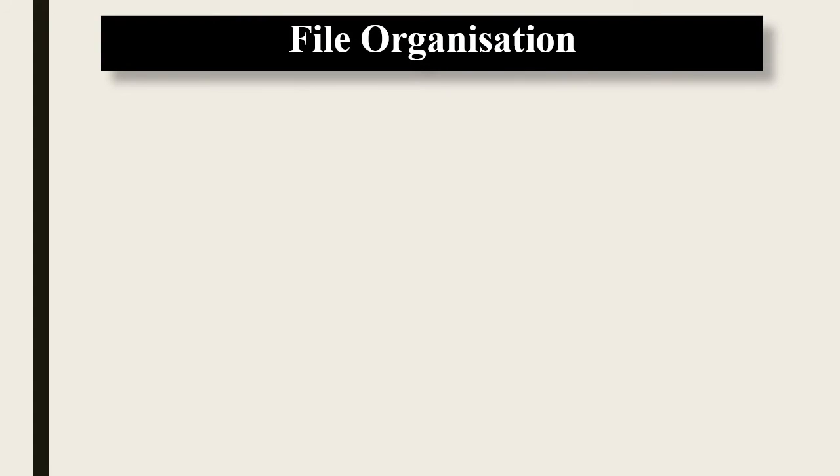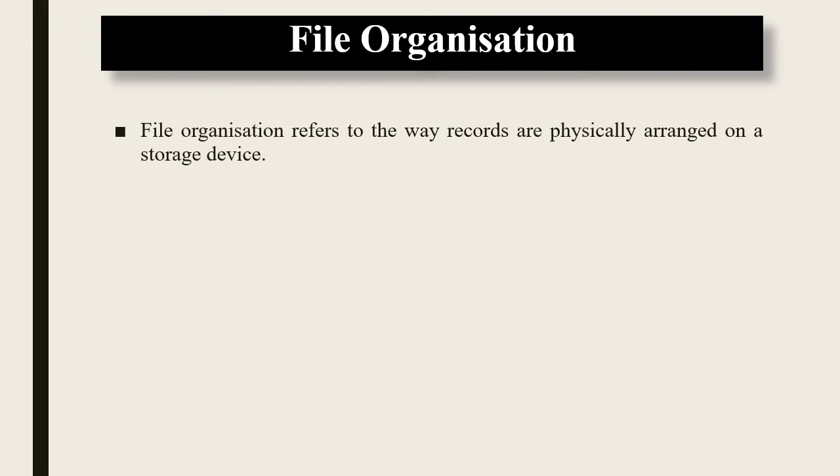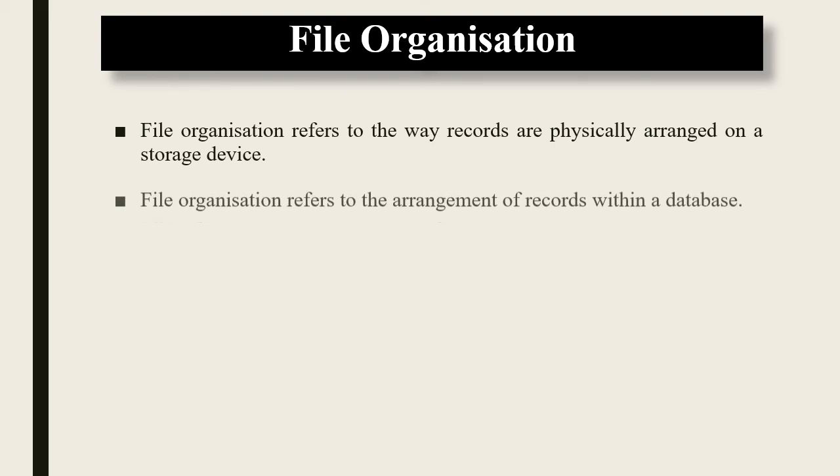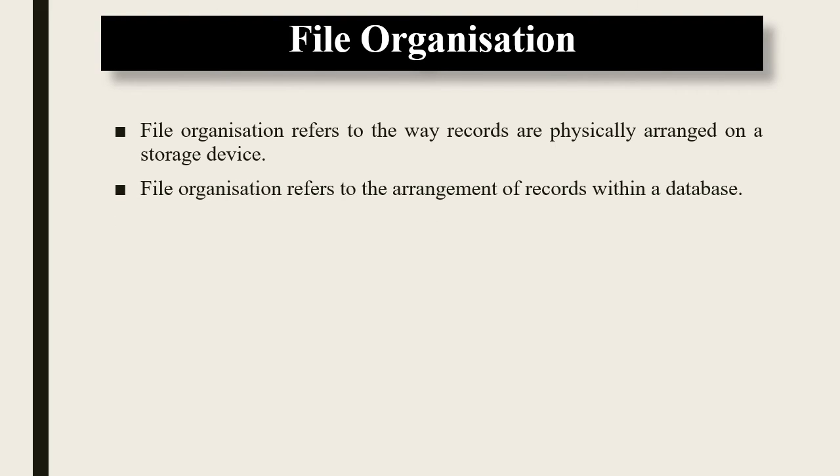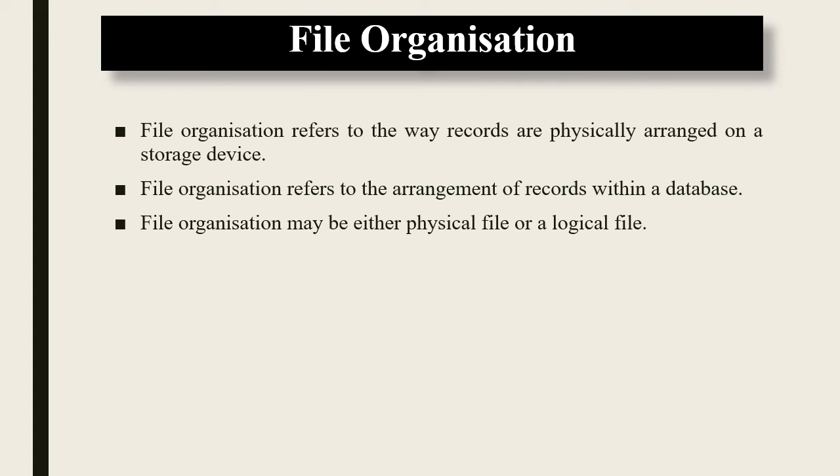Next point is file organization. File organization refers to the way records are physically arranged on a storage device. File organization refers to the arrangement of records within a database. File organization may be either a physical file or a logical file.